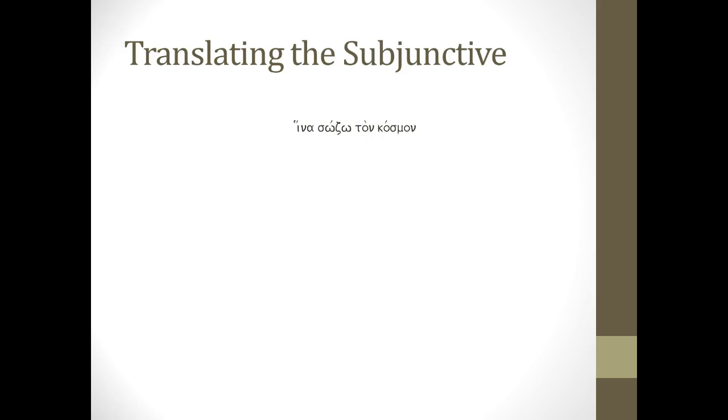Parsing it, then, sōzō here is a present active, and now notice I'm putting an S there for subjunctive instead of indicative, first person singular, and the way that I would translate it is: in order that I might save the world. And it's important here that when you translate your subjunctive mood that you get the word might in there, because we're talking about the realm of possibility or contingency here. In order that I might save the world.